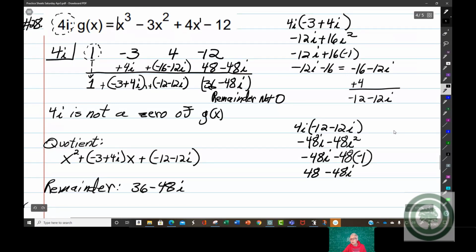So it is possible, and it does happen, that you end up with the coefficients of the x's that are not real or rational numbers. They're not in the real number system, they're in the complex number system.